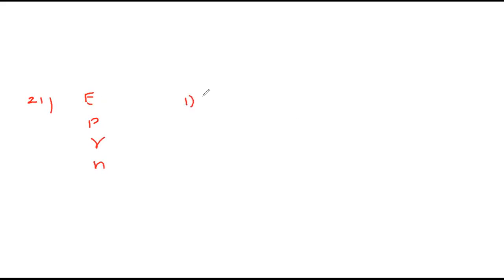First one is E p r proportional to 1 upon n square. E is proportional to 1 upon n square, p is proportional to n, and r is proportional to n square. That means this whole thing will be proportional to n. So first option is wrong.